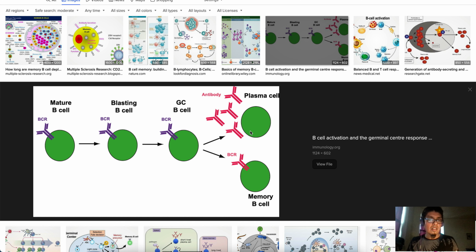Then the activated helper T cell clones itself and finds B lymphocytes and other T cells, undifferentiated T cells and B cells, and allows them to go through the process of their role in the immune system, which in this case we'll talk about the B cell role.